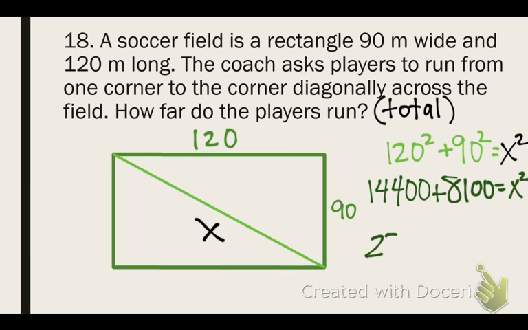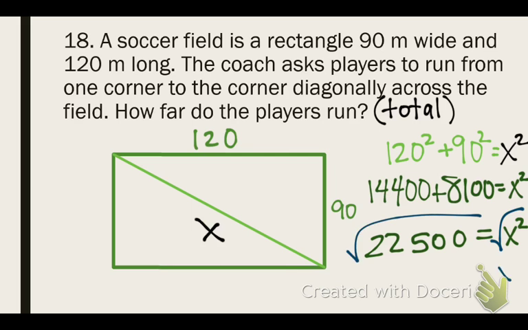Add them together, 22,500. And then take the square root. We get 150. So this third side is 150.